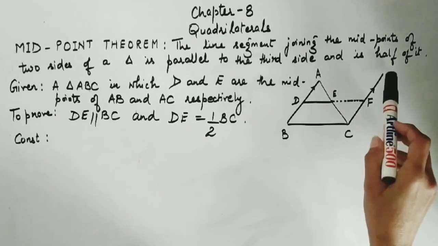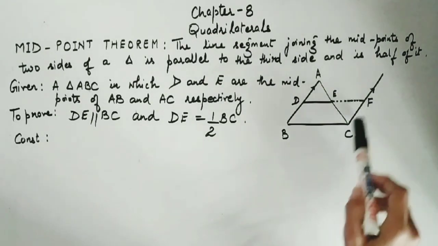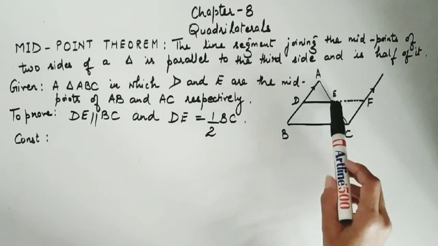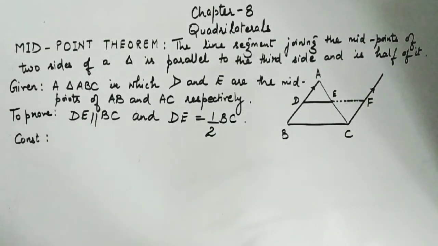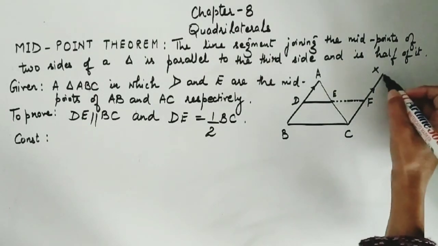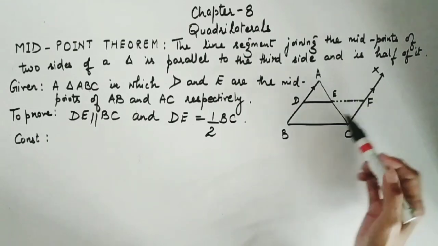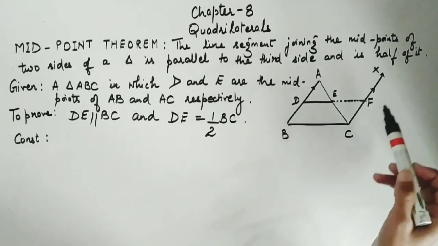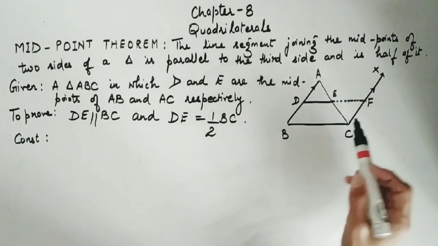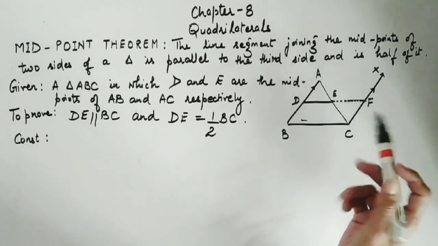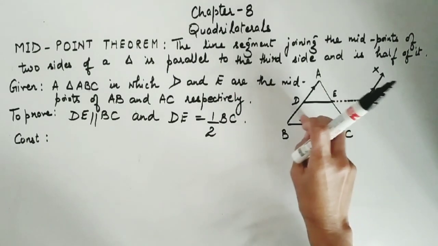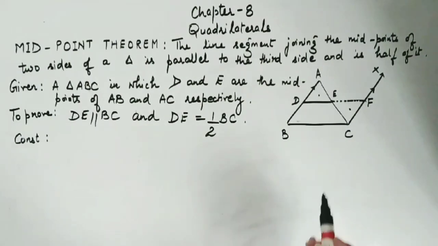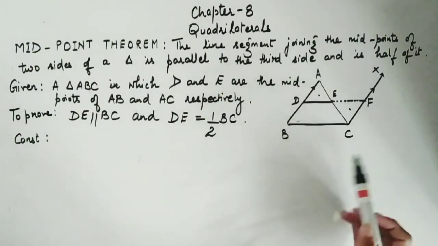The line is CF, I would say it's a ray, let this ray be CX, and DE is produced to meet CX at point F. Now observe these two triangles, triangle ADE and triangle CFE. We can say these two triangles are congruent.